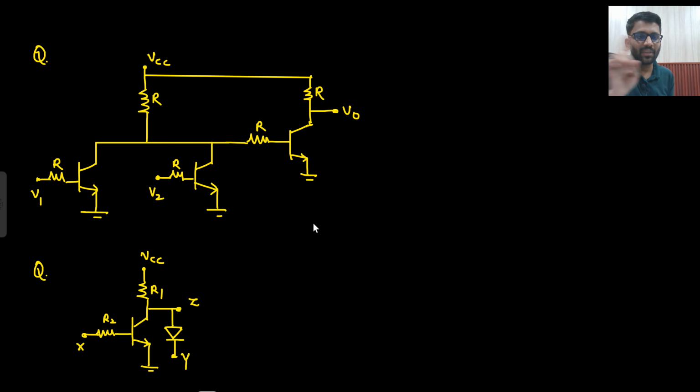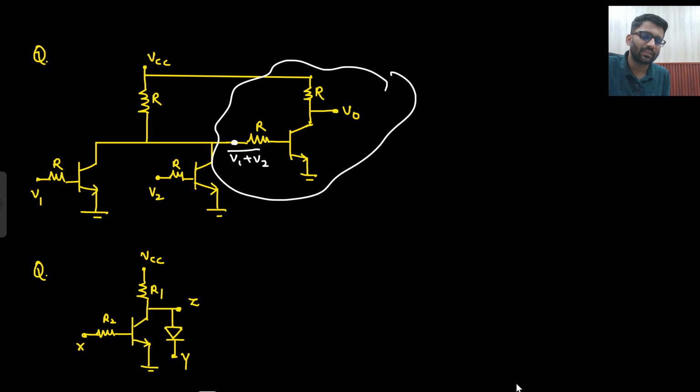Solve this using NMOS only. Consider this as an NMOS only, right? V1, V2, V1 plus V2, here what are you going to get? V1 plus V2 bar, right? Both are in parallel. So V1 plus V2, but they are coming from ground, so bar. And what will you receive from this?